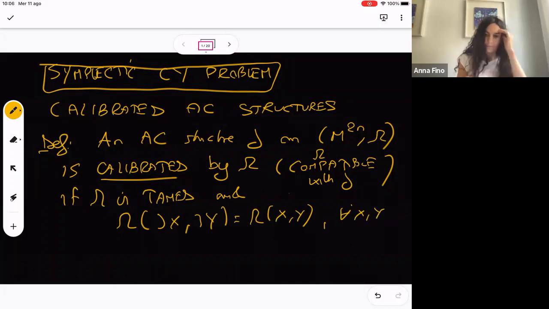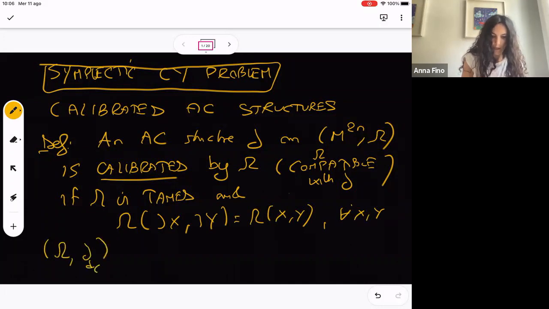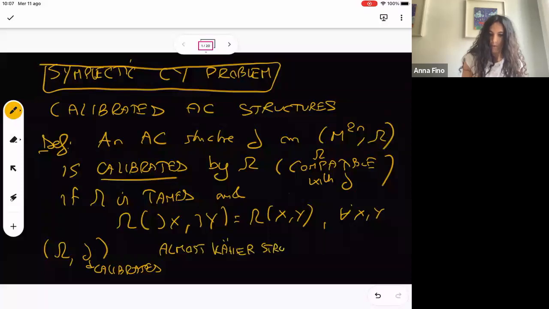When we have this, with J calibrated, this is in the literature what is called an almost Kähler structure.